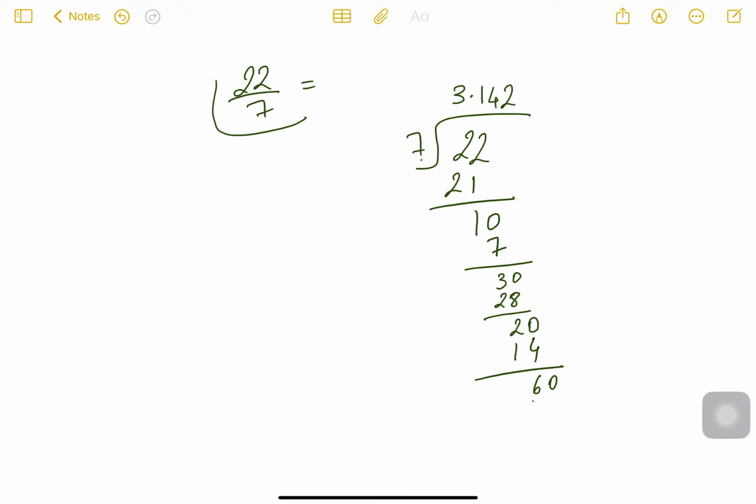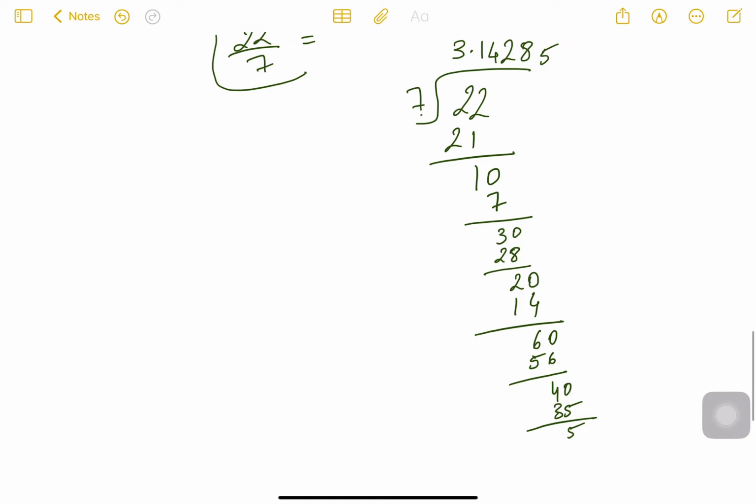So now it is 60. 7 into 8 is 56. I get 4, then a 0, then 7 into 5 will give me 35. I get 5.